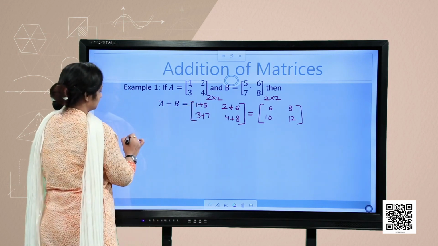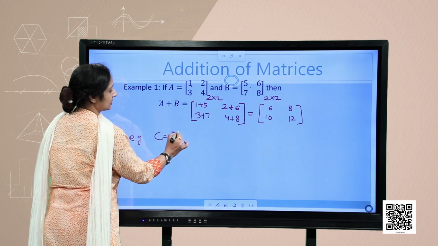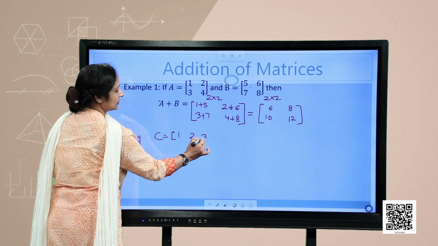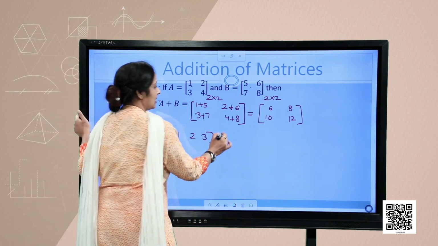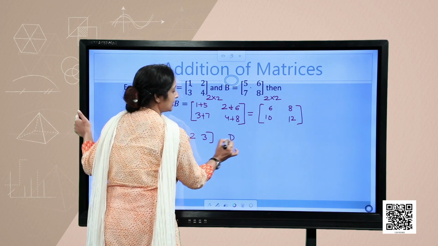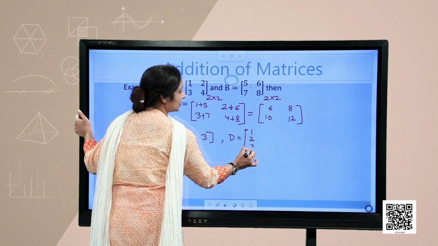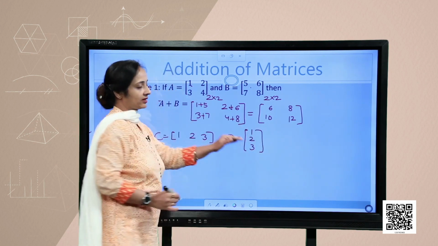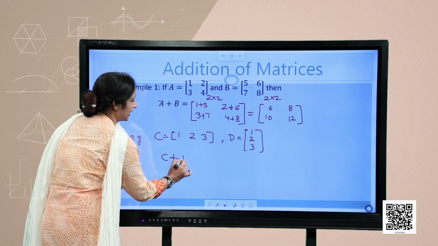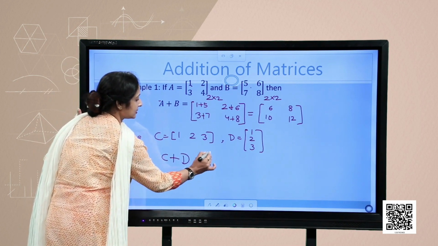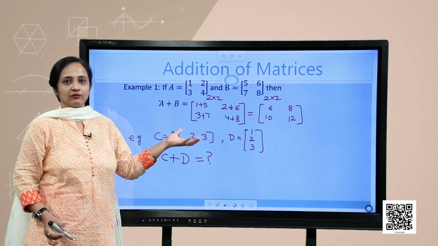For example, I am having 2 more matrices, C, which is 1, 2, 3. This is which type of matrix? Row matrix. And one more matrix D, which is 1, 2, 3 as a column. So, this is which type of matrix? Column matrix. So, what will be matrix C plus D? Can we add them or can we not add them?